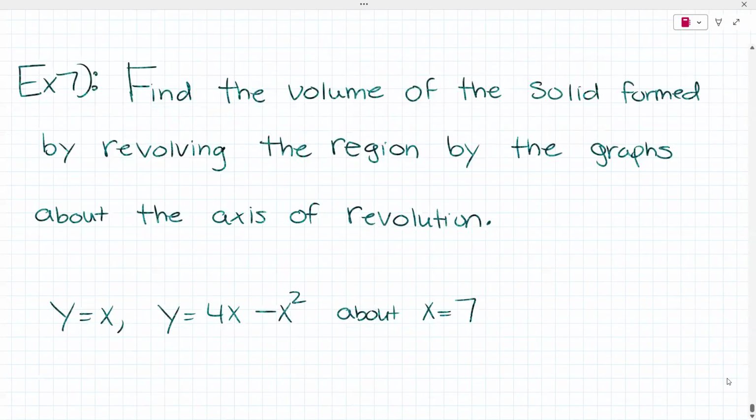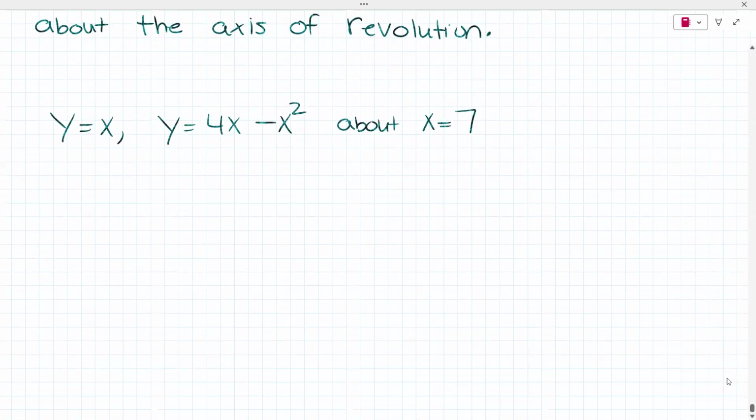Sample 7 says, find the volume of the solid formed by revolving the region bounded by the graphs about the axis of revolution. So we have y equals x, y equals 4x minus x squared, and we're trying to revolve about the line x equals 7. So these are two different equations, so we've got to draw a new graph.